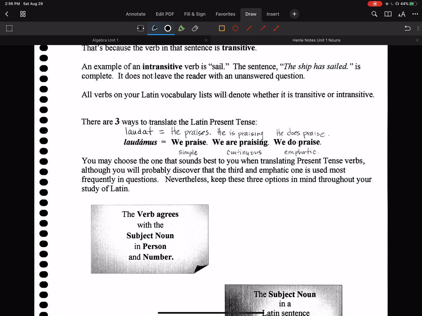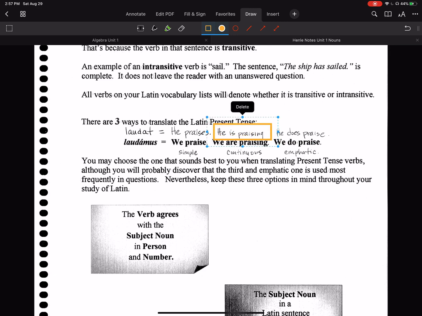So when you see something that says, "he does praise," I know, which sounds awful, doesn't it? "He does praise, really, he does." You need to recognize that all of that is a single word in Latin. You need to be able to recognize that as a group, as one word in Latin. Same with "he is praising."